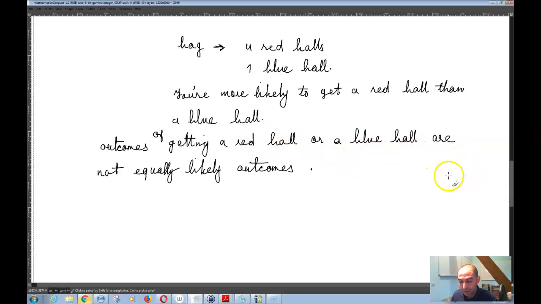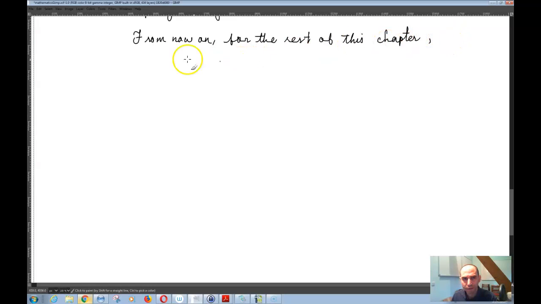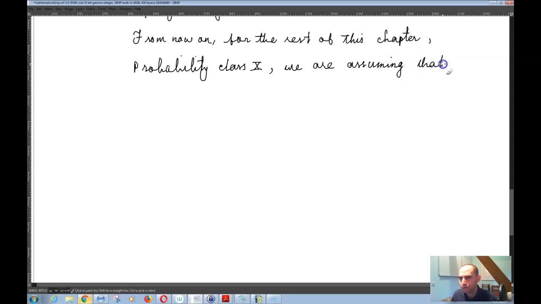Now, for the sake of simplicity, because we want to be able to learn a couple of things about probability from now on, at least for the rest of this chapter, which is probability related to class 10, we are assuming that every experiment has equally likely outcomes.